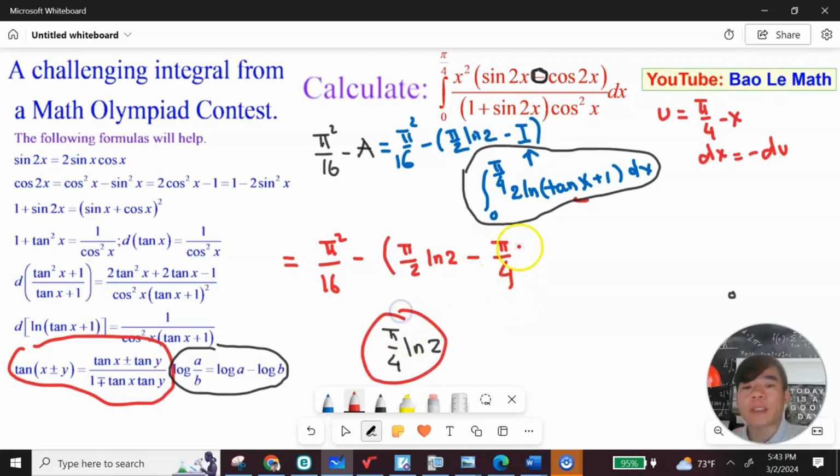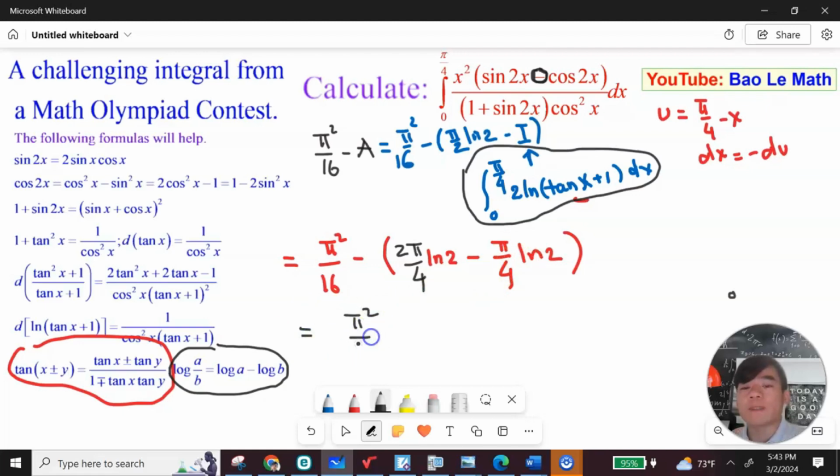This is I, natural log of 2. So I need to simplify. Pi over 2 I need to write as 2 pi over 4. So I just subtract 2 pi minus pi, which is pi. So the final answer should be pi squared over 16 minus pi over 4 natural log of 2.